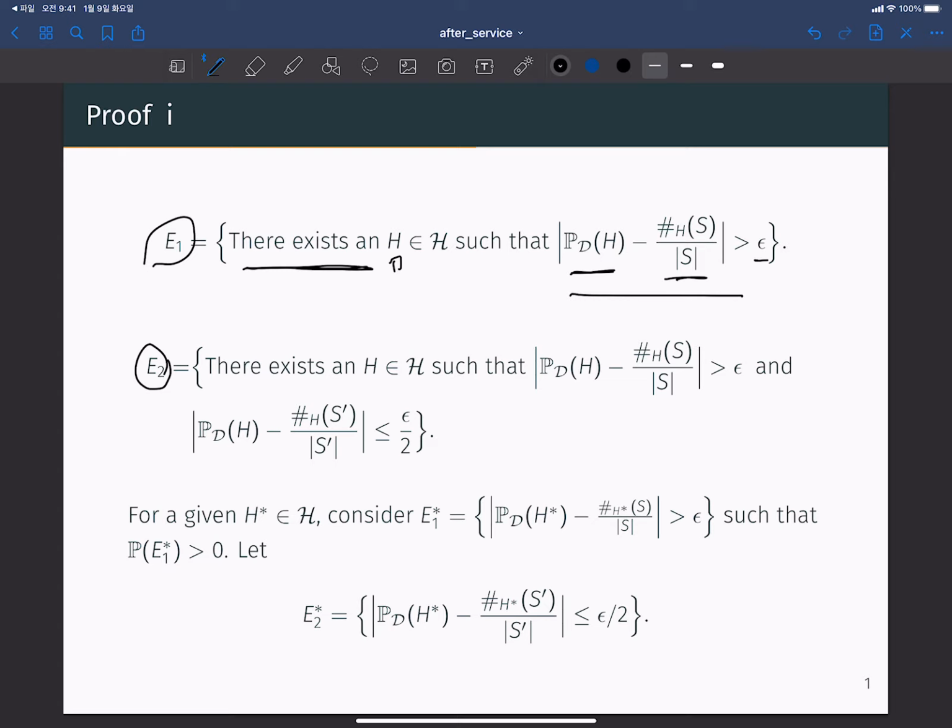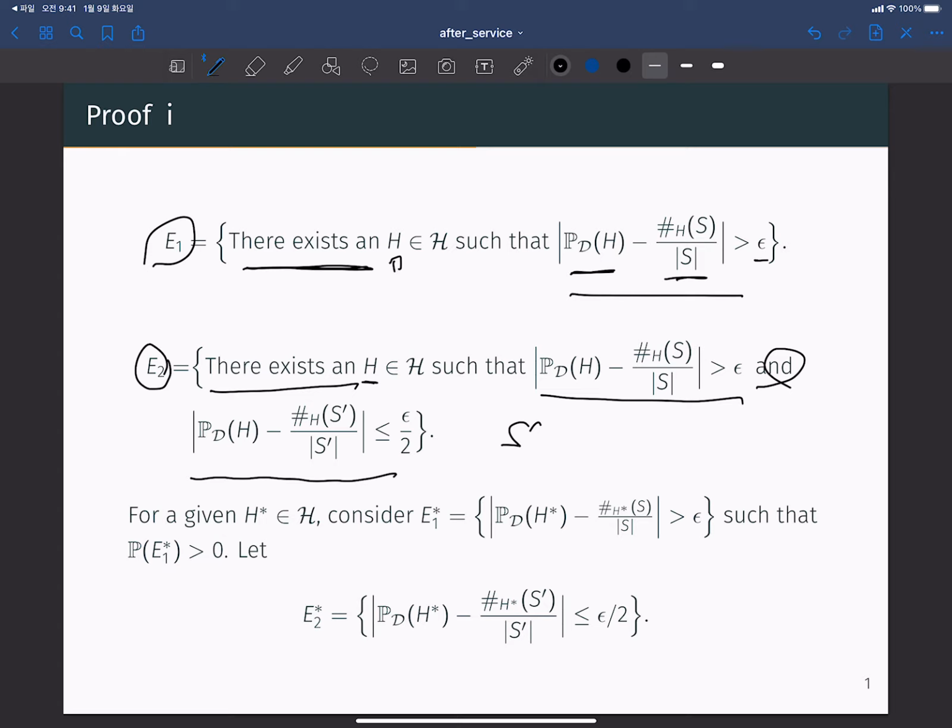The E2 condition is more restrictive compared to E1. Here, again, there exists a hypothesis H such that the condition of E1 holds, and an additional condition is defined for S prime, the independent sample set S prime.